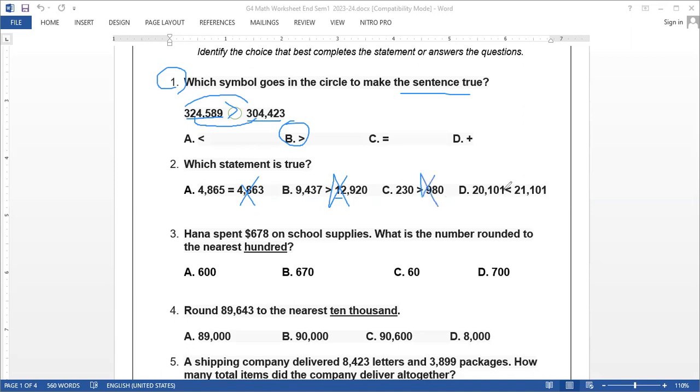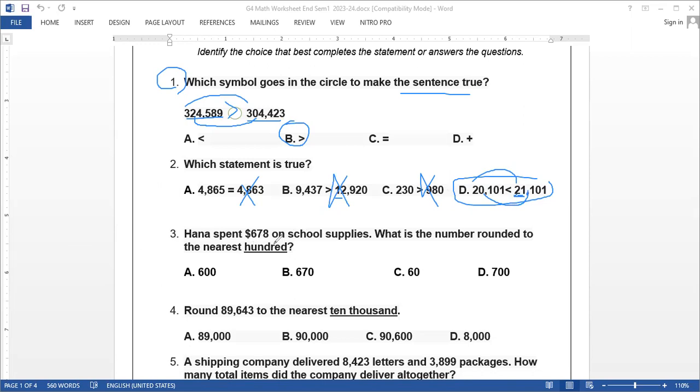This is wrong. 20,101 is greater than 20,101. But here we have 21,000. So this D is correct, because if you compare, here we have 2 and here we have 2 in the 10,000 place, and here we have 0 and here we have 1 in the 1,000 place.